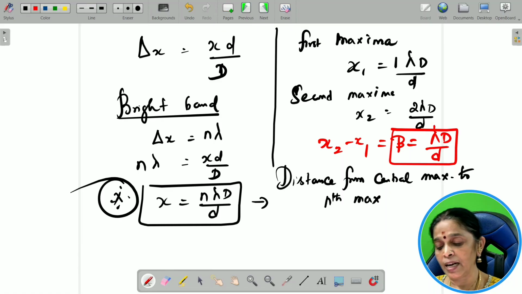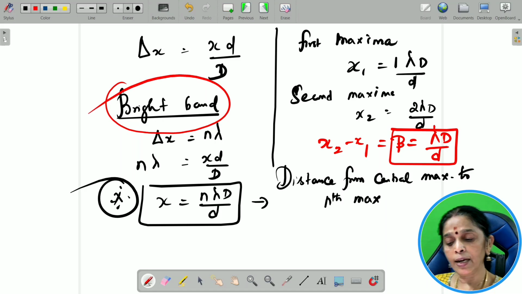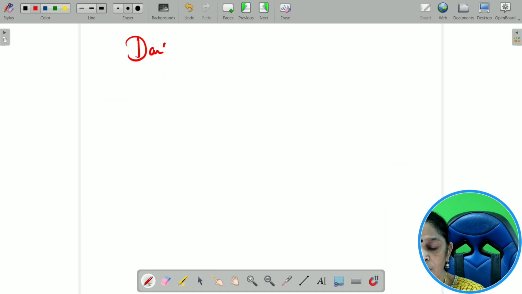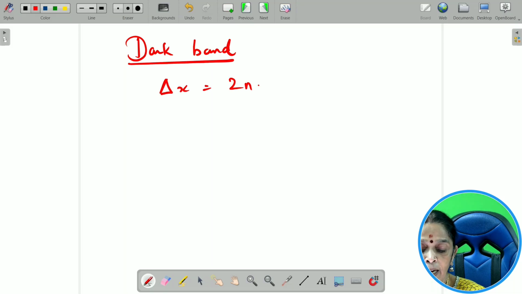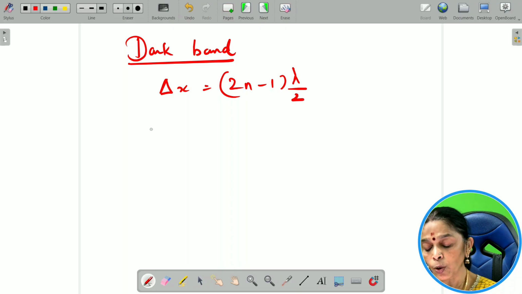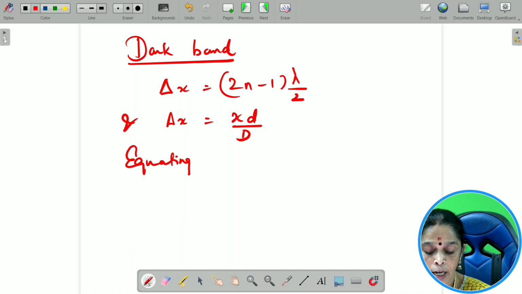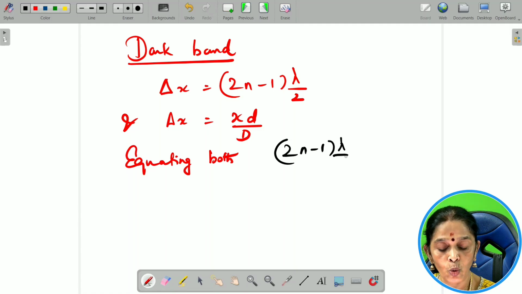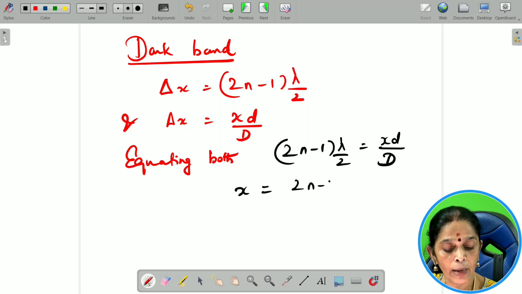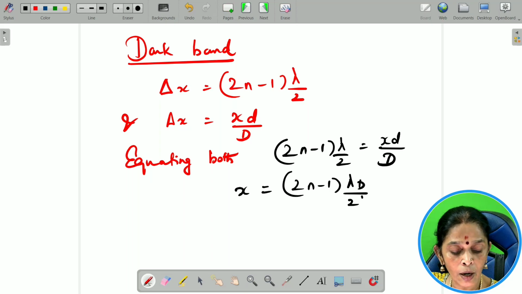Now we found only the bright band fringe width. Similarly, we will find the dark band fringe width. We know that delta x is equal to (2n minus 1) into lambda by 2, and here we found delta x is equal to xd by capital D. Equating both, (2n minus 1) lambda by 2 is equal to x small d by capital D. So x is equal to (2n minus 1) lambda capital D by 2d.